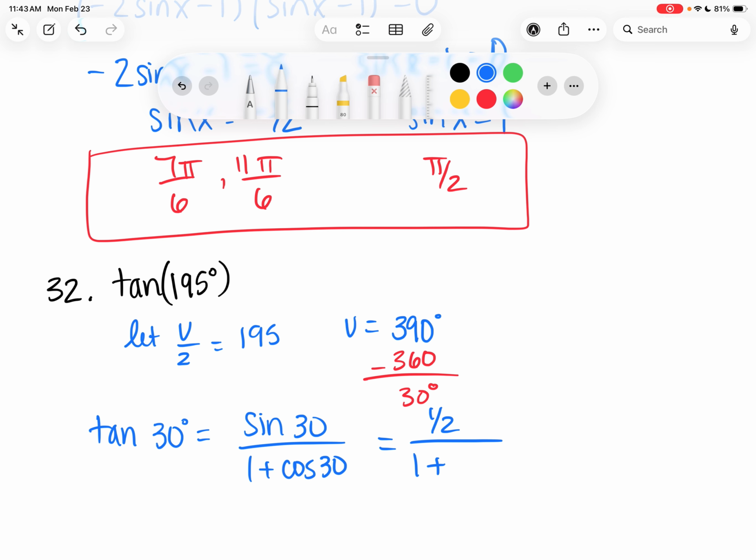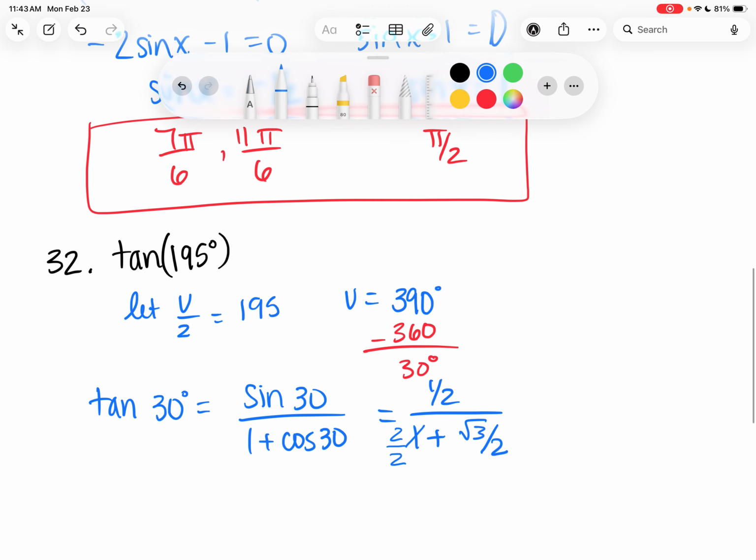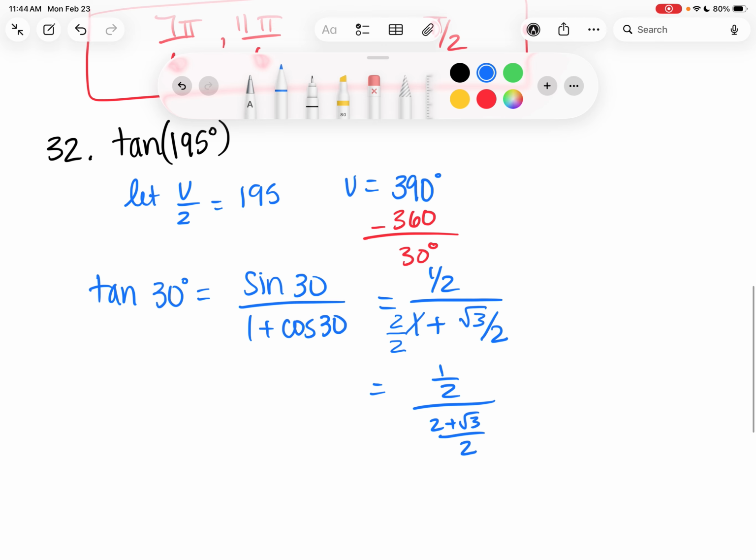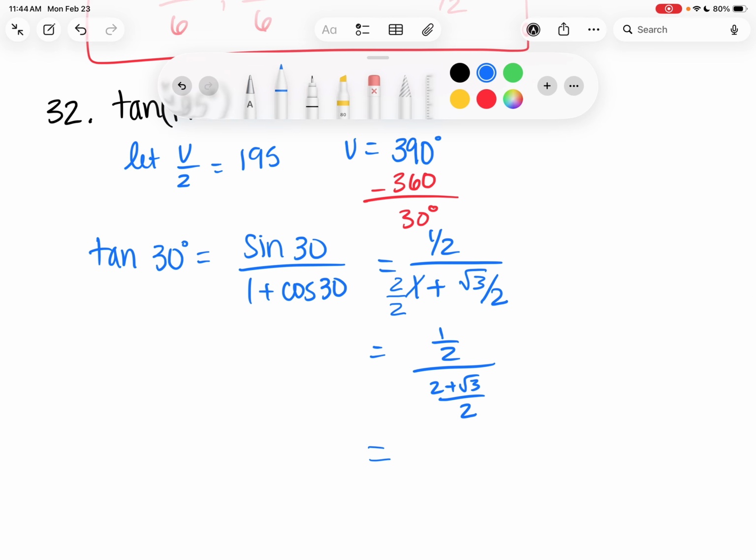Cosine of 30 is going to be root 3 over 2. I would go ahead and get a common denominator on the bottom, so I'm going to scratch this 1 out and write it as 2 over 2. So I have 1/2 over 2 plus root 3 over 2. Then we do Shepherd's favorite thing: keep, change, flip, and get 1 over 2 plus root 3.